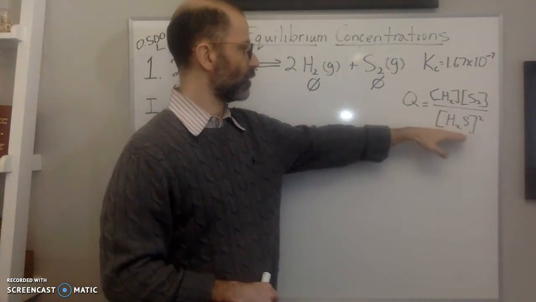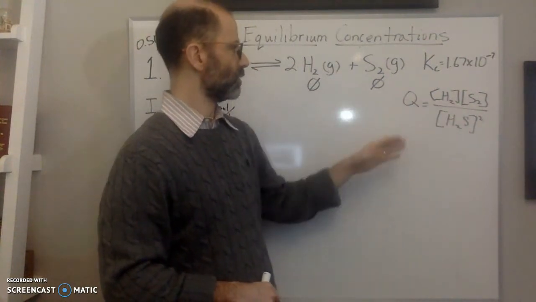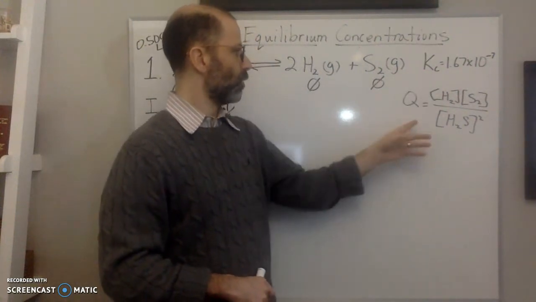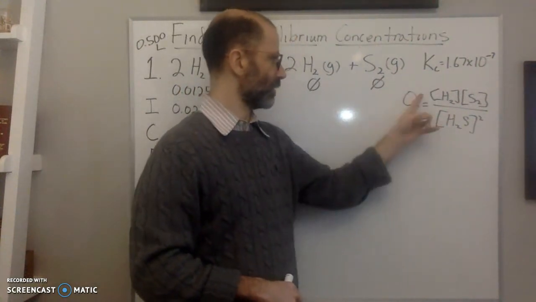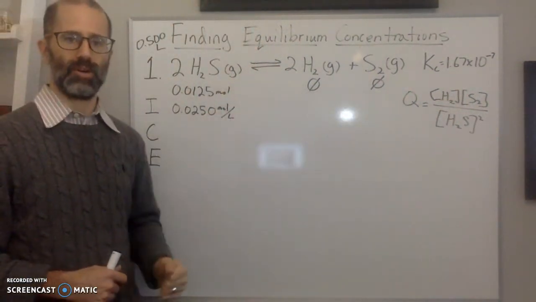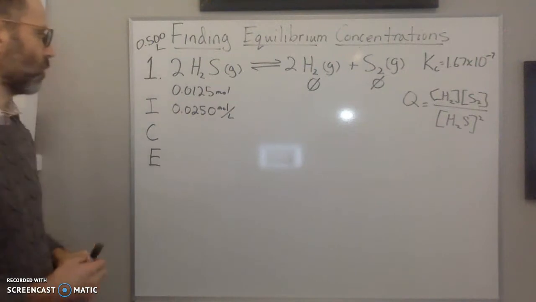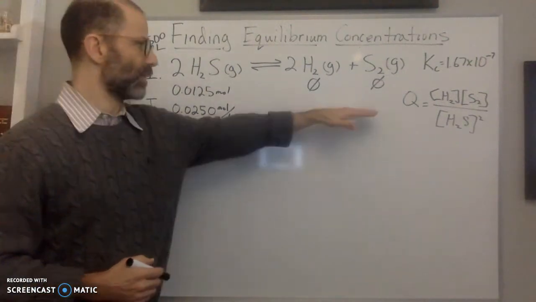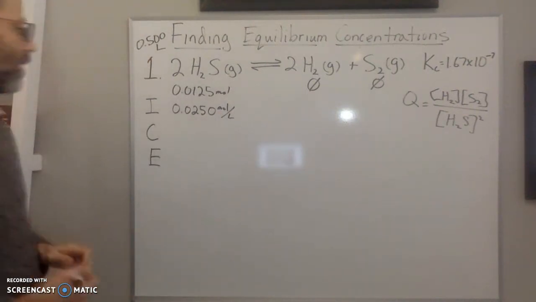So we have too much reactant, not enough product. In order to get Q to go towards K, we need to decrease reactant and increase product. Again, that's obvious from the fact that we have 0 product. So we know we're going in this direction because we need to form product.